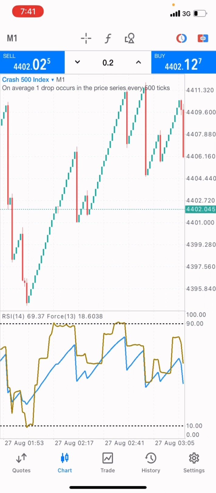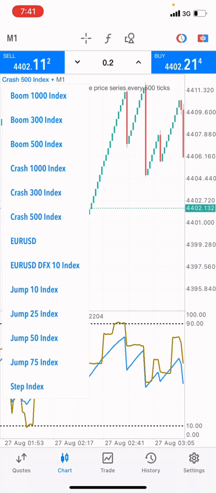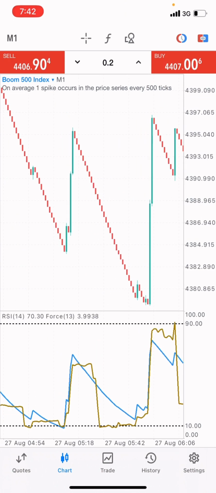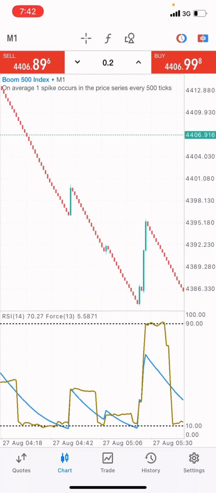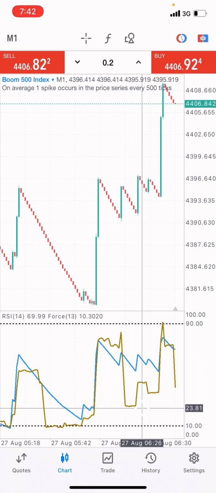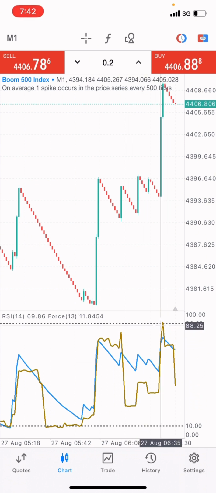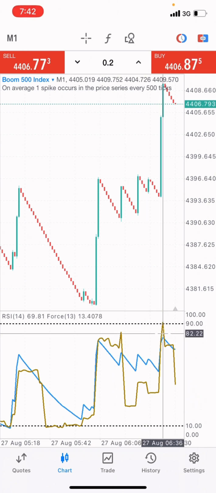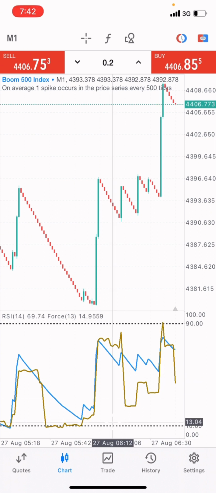Now this strategy, using this indicator, the Forex index, is really good, and you can use it to catch spike on the Boom 500 index more than the Crash 500 index, guys. Now on the Boom 500 index, it's when the Forex index crosses above the level 90, guys.